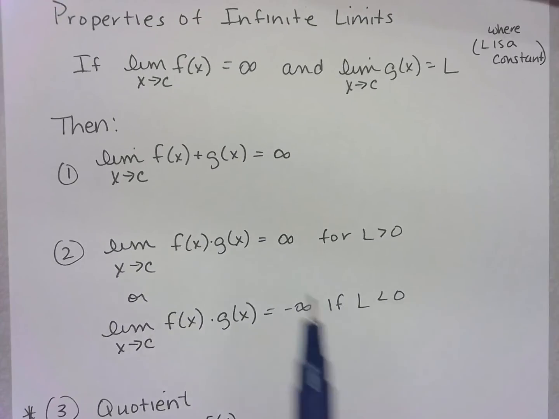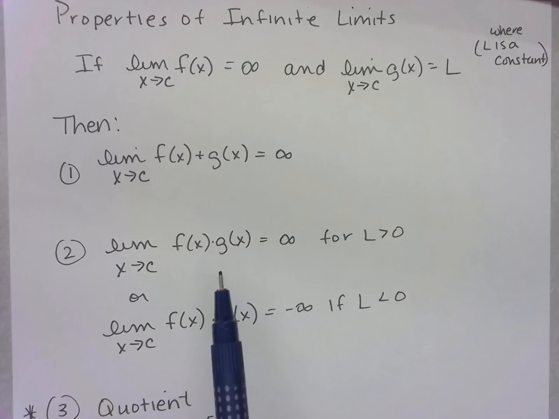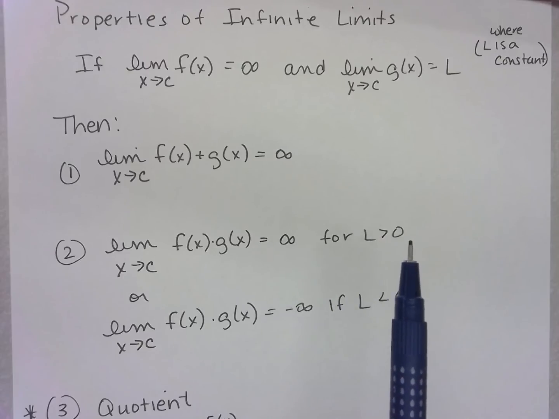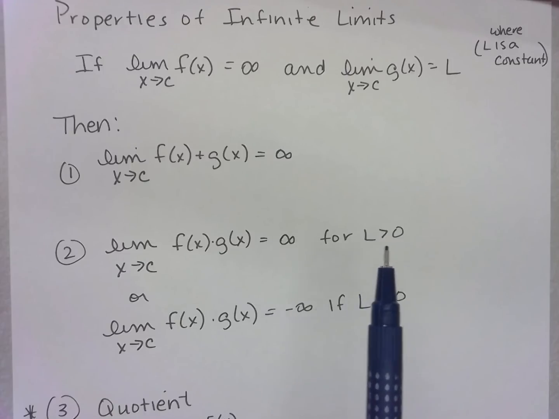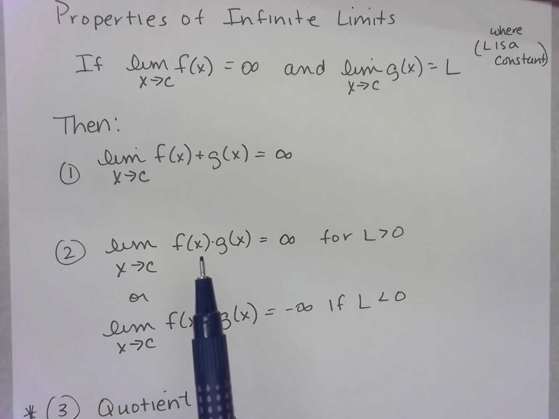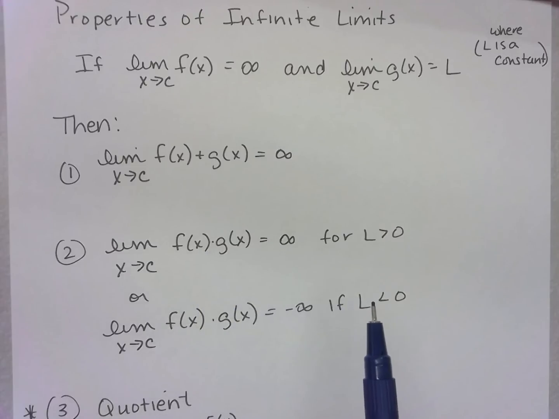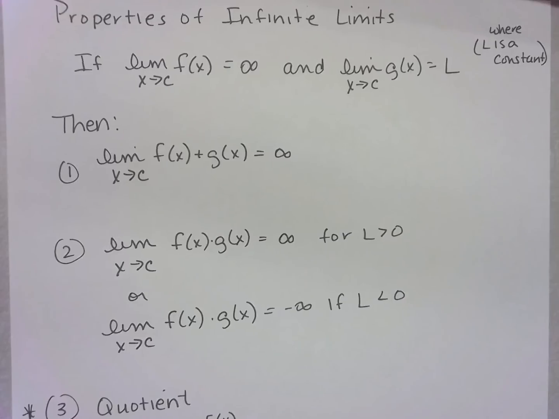If I multiply f and g, I also get infinity, because infinity times a number is infinity, assuming that all the rules of positive and negative multiplication apply. So if my limit L is positive and f is infinity, then a positive times infinity gives me positive infinity. If my limit happened to be negative, then f times g would be infinity times a negative number, which would give me negative infinity.